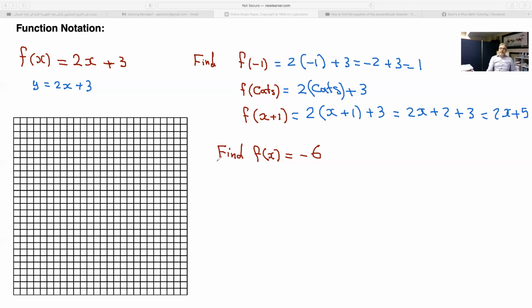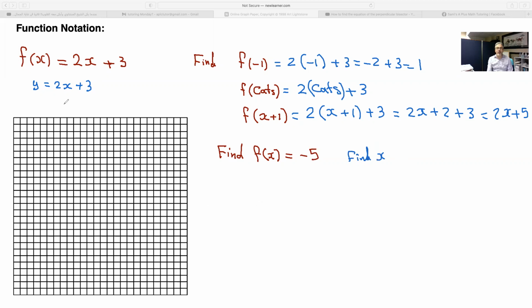Now, the next question here, they could put a little bit of a twist on this question, and they ask you, I'm just going to change this to -5. But now when they say f of x equals -5, just think of this equation right here. This is basically what f of x is, means this is what the y value is. So they told you the y value is -5. So here, what they want you to do, they want you to find x, not f of x.